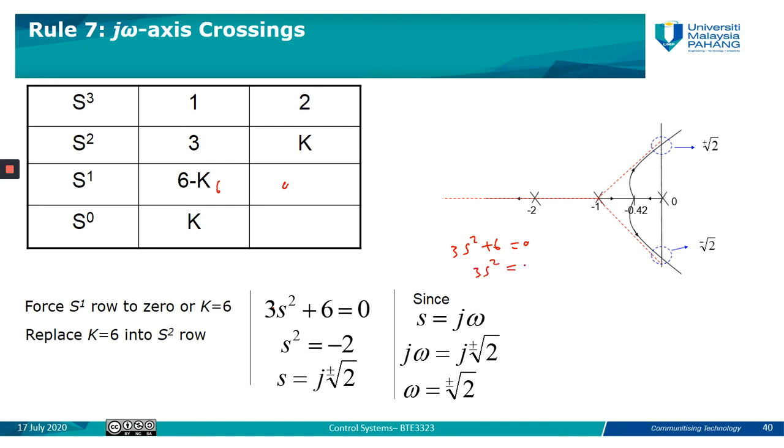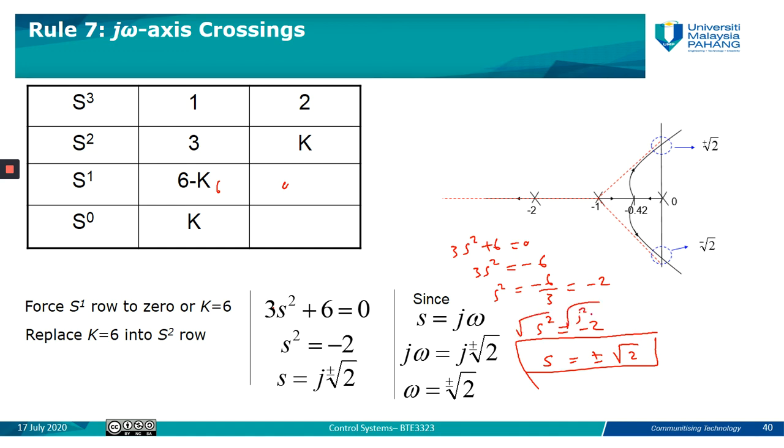3s squared equal to negative 6, or s squared equal to negative 6 over 3, which equals negative 2. So s squared equals negative 2, thus s equals plus or minus square root of 2 times j, because if I want to find s, that means I will replace the negative by j squared.